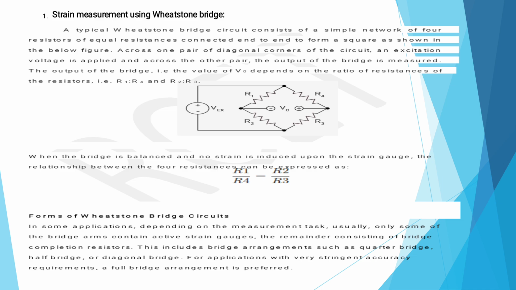By applying the standard voltage divider formulas across the nodes Vc and Vd, we can track the exact voltage drop V0. Given that the nominal resistances are equal, that is R1 equal to R2 equal to R3 equal to R4 equal to R, and knowing that the baseline resistance R is vastly larger than the tiny shift del R, the relationship simplifies to our final equation: V0 is equal to Vex divided by 4 into del R by R.